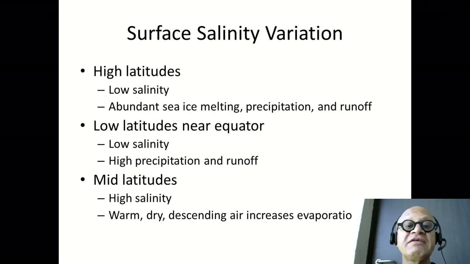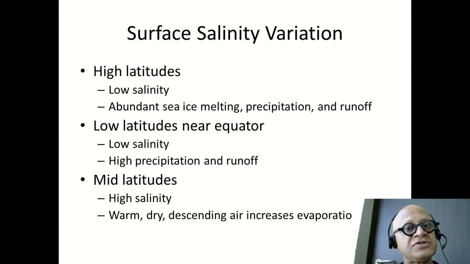So how does salinity vary? We'll see some figures again later on, but at high latitudes, you had already seen the evaporative latitudes moving water into precipitative latitudes in the polar regions and dumping a lot of rain, which means you have low salinity at high latitudes. You also have a lot of sea ice melting, in addition to river runoffs. For example, the Arctic Ocean is almost completely surrounded by land all around it.